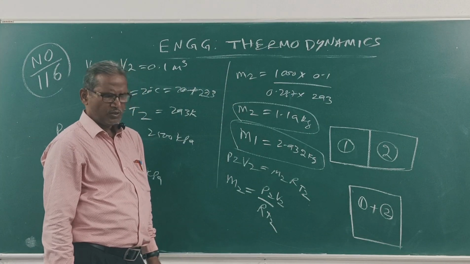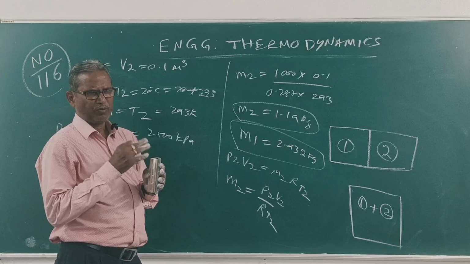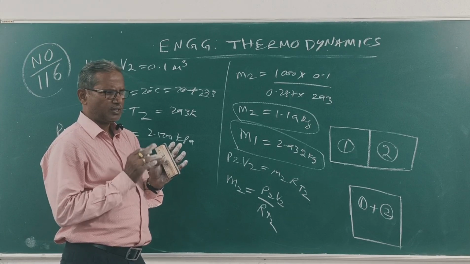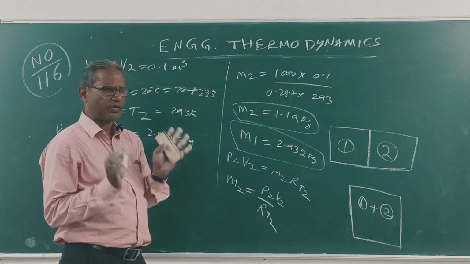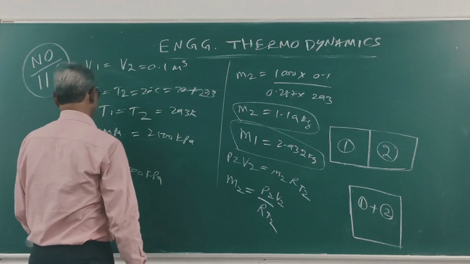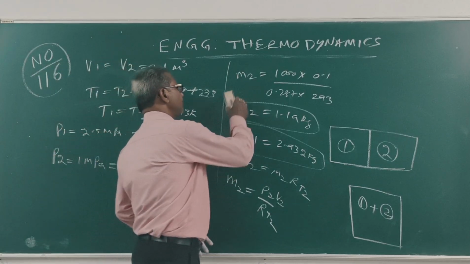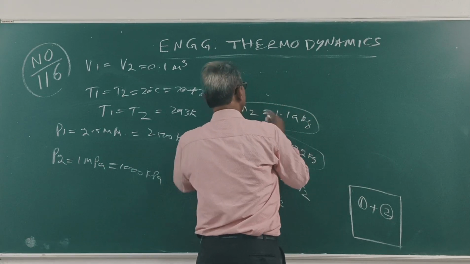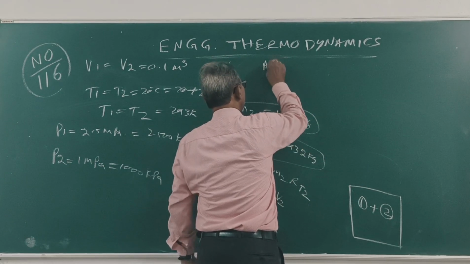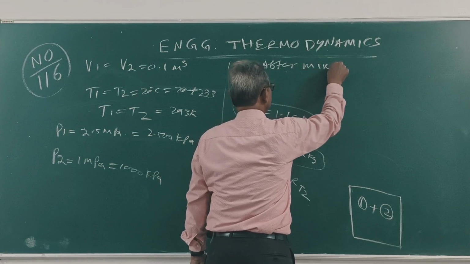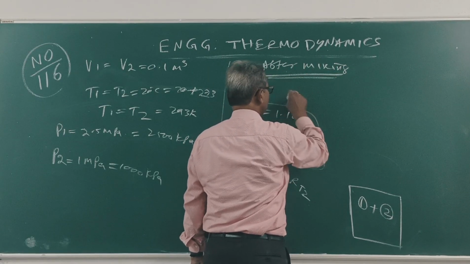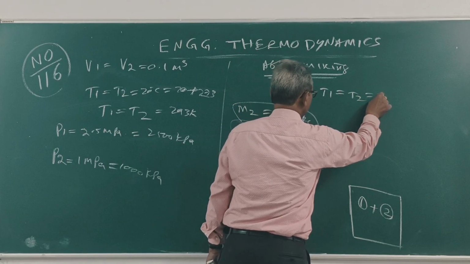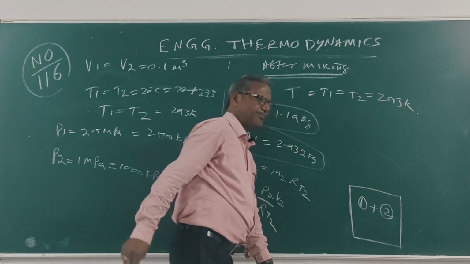Now both are mixed together, the diaphragm is removed, so both come to uniform pressure and the temperature is also equal, because T1 is equal to T2. After mixing, T is equal to T1 is equal to T2 is equal to 293 Kelvin.